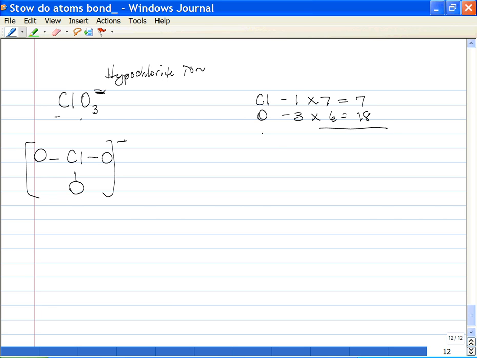But now we also have to account for the charge. It has an extra electron or a negative charge. Let me write negative charge. Okay, so therefore we have 26 electrons total. 6 of them have already been used up in bonds. So therefore we have 20 electrons to distribute.